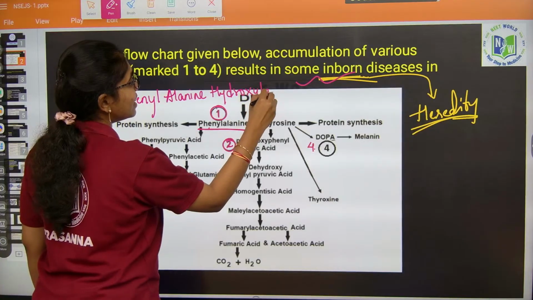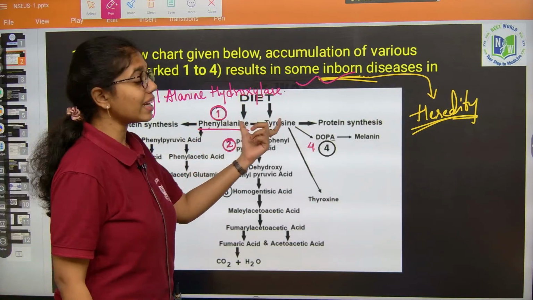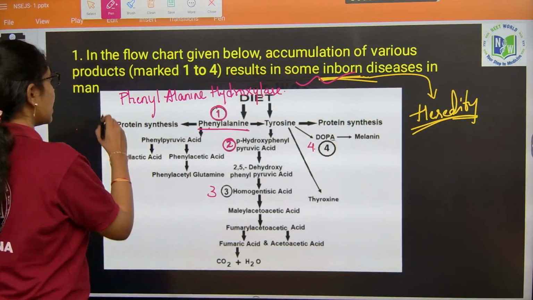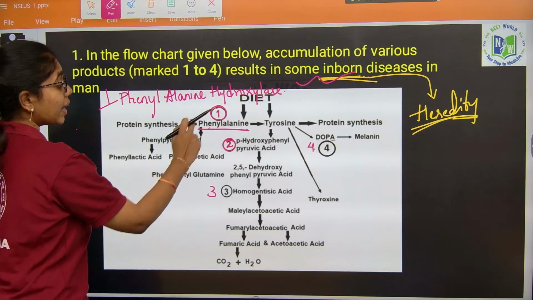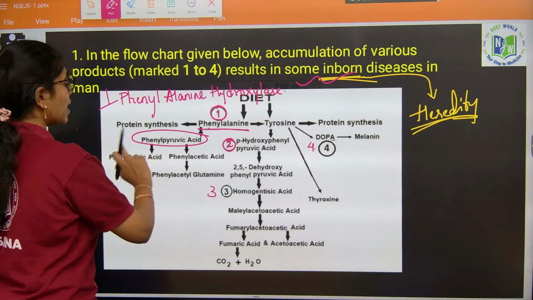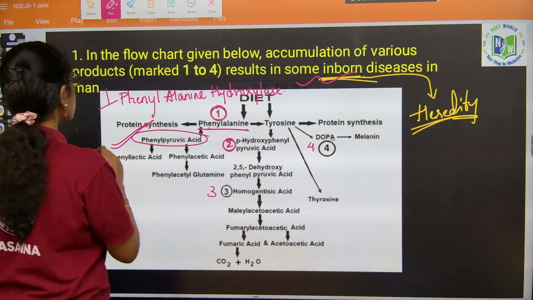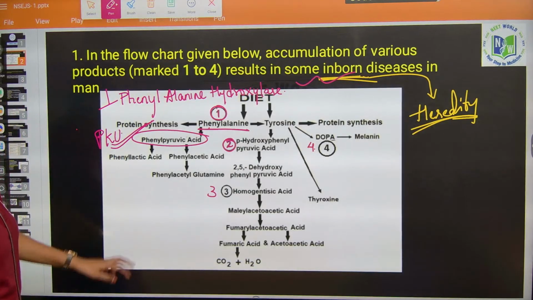Okay, so this enzyme will catalyze the reaction from phenylalanine to tyrosine. If this phenylalanine hydroxylase is deficient, then phenylalanine will get accumulated as phenylpyruvic acid, which results in the disease phenylketonuria, which is an inborn disease.